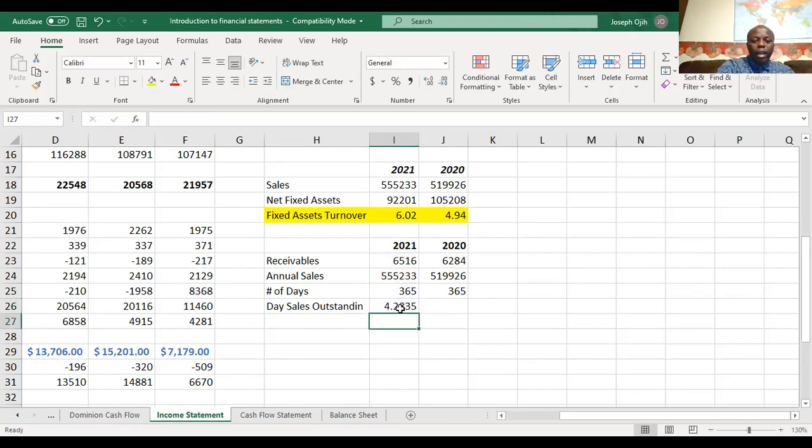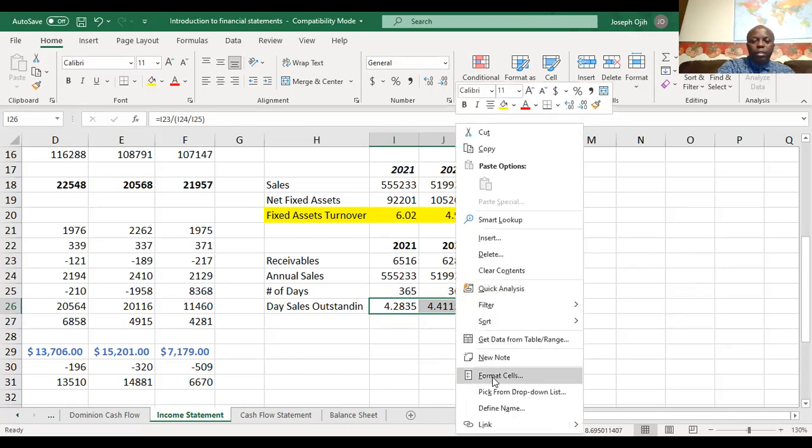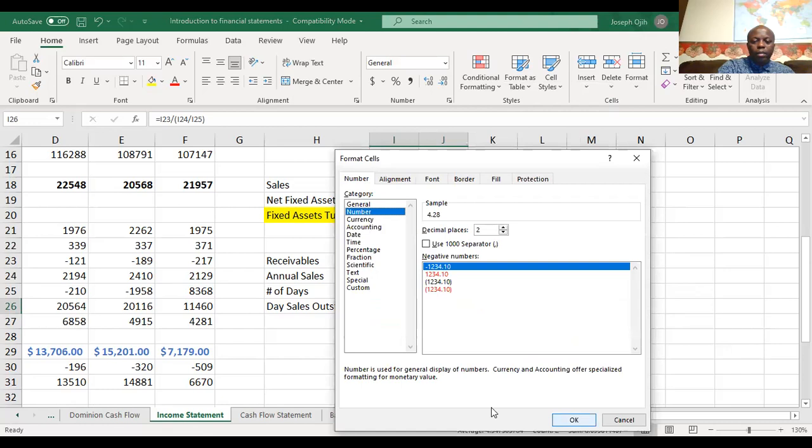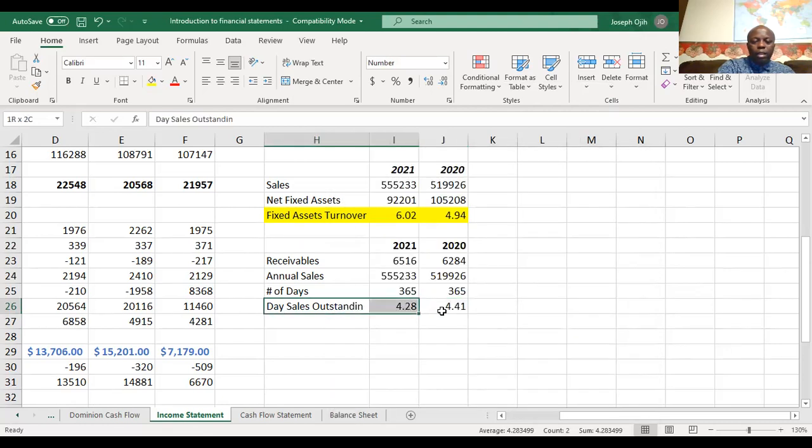Okay, and then we have it here and make it 2 decimal places. Okay, now there's the answer to that.